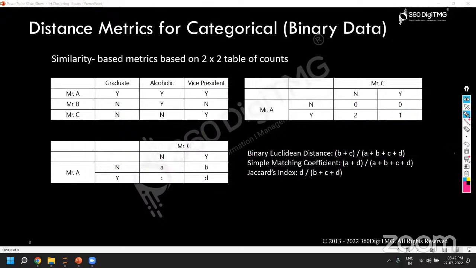We also have different formulas. One of the formulas is called Jaccard's index. In Jaccard's index, we are not considering this case, right? A is not even considered in the formula.